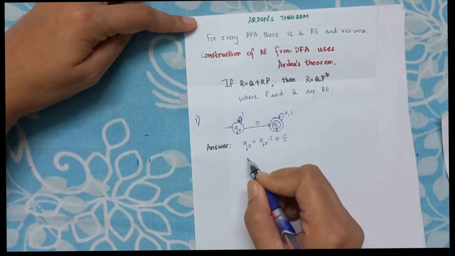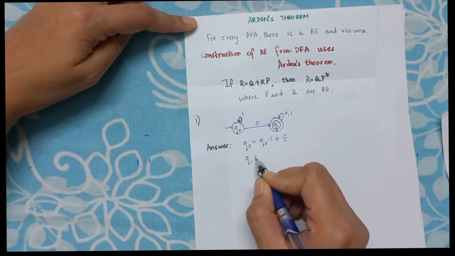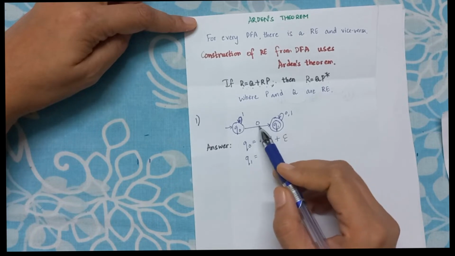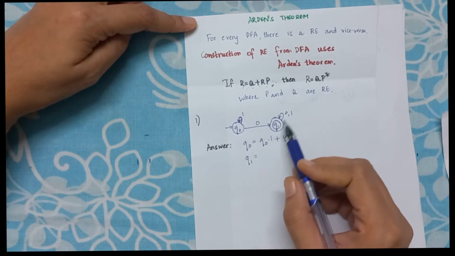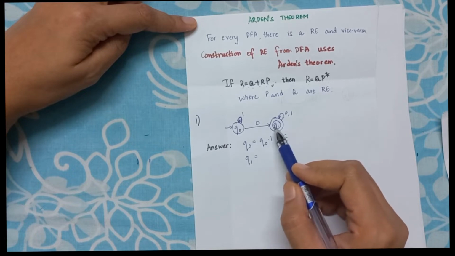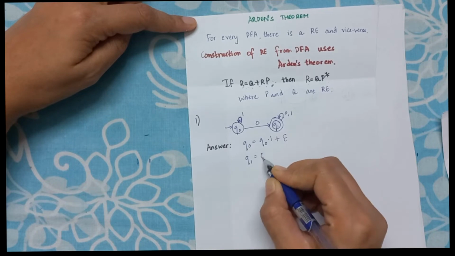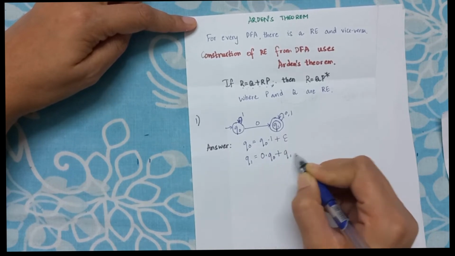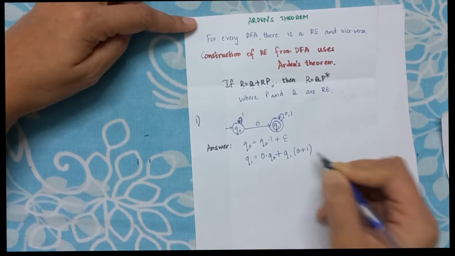How can I rewrite for Q1? For Q1 there is an input symbol from Q1 itself and another one from Q0. From Q0 it is 0 and from Q1 it is 0 plus 1.